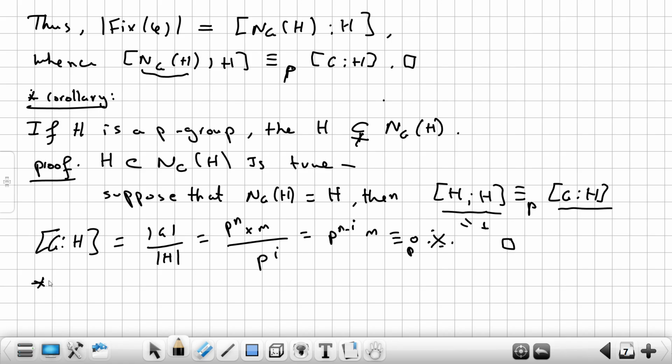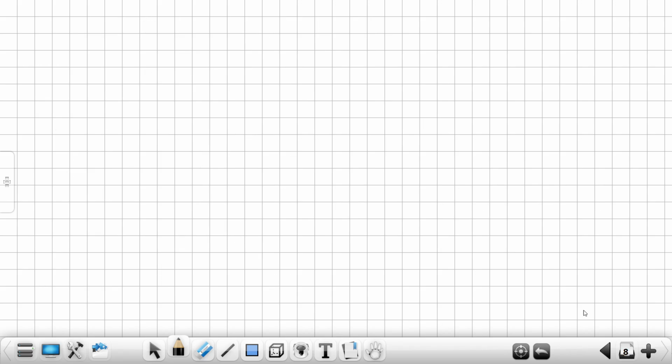Now we start with Sylow theorems. Sylow's first theorem. Let G be a finite group.